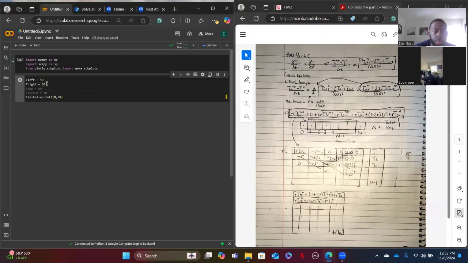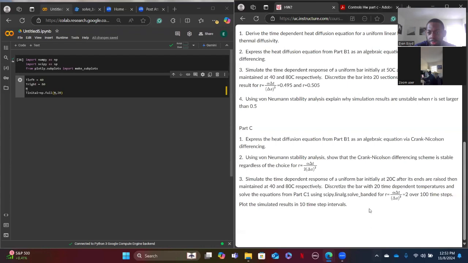And we also know that n is 20. Okay, so n represents the number of time dependent temperatures here. So it'll be equal to 20. And then the 20 here is the 20 degrees Celsius that we have represented in the 20 time dependent blocks inside the uniform bar. Okay. And we need to make sure these have a period at the end so they are floating points.